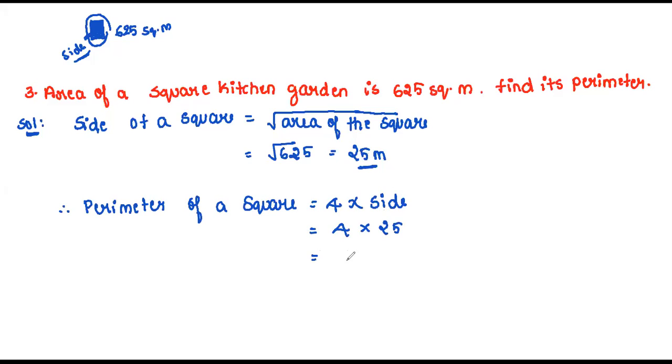So 25 fours, how much is that? 100 meter. Now you have got the perimeter as 100 meter and the side as 25 meter. So this is the solution for your question. Now kids, you can start writing. As soon as you complete this, leave a message in the chat session. Complete it soon.